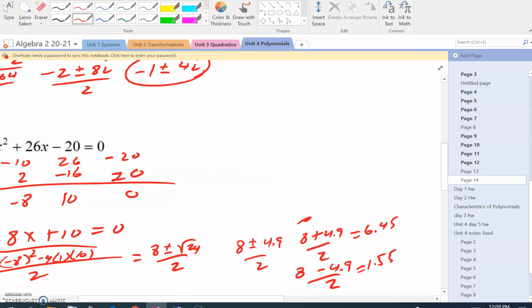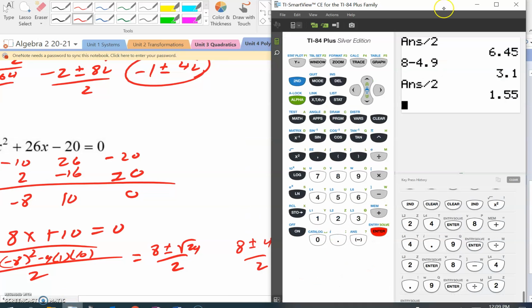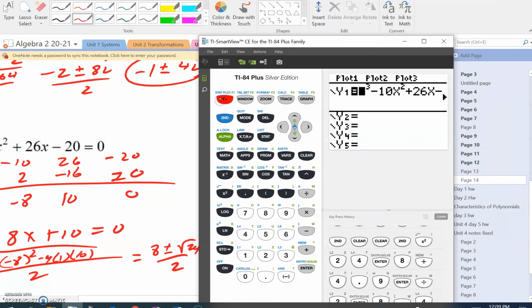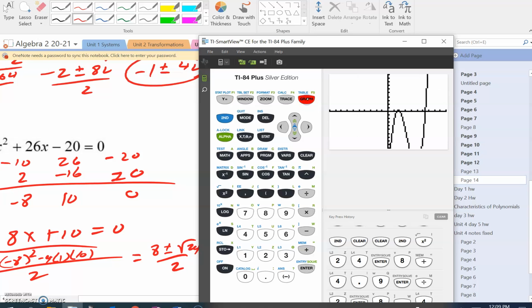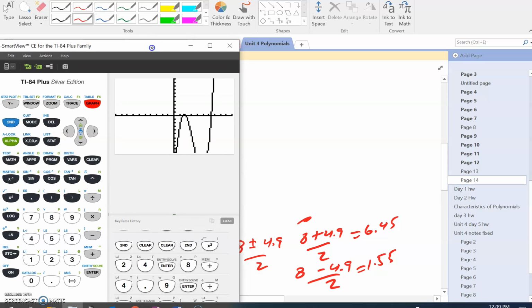I just thought of something. If we went back to the graph, wouldn't we be able to see all that? Didn't we graph this? Let's look at that graph again. Oh yeah, there they are. That's really hard to see. 1.55, and then 2, and then there's the 6.45.